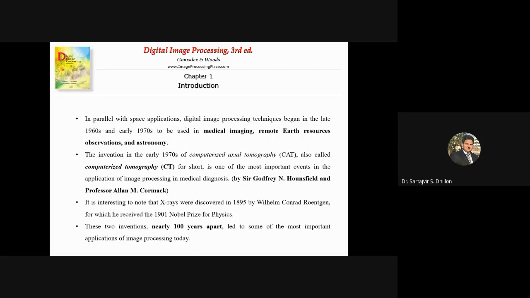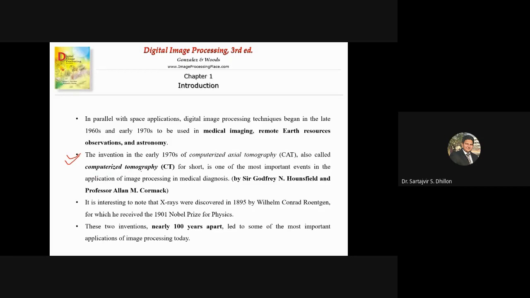So in parallel with the space application, digital image processing has also been used in medical imaging, remote Earth resources observations and astronomy. With that, one of the most important inventions in the early 1970s was computerized axial tomography, also known as CT scan nowadays.